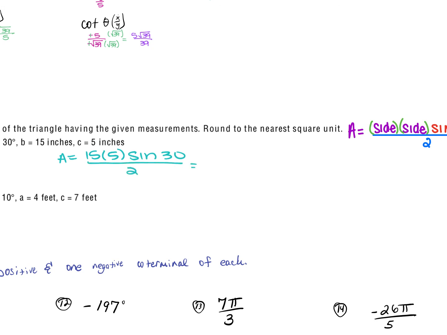So 15 times 5 times the sine of 30 all divided by 2 is 18.75. If we round this to the nearest unit like it tells us to, this is going to be 19 inches squared.